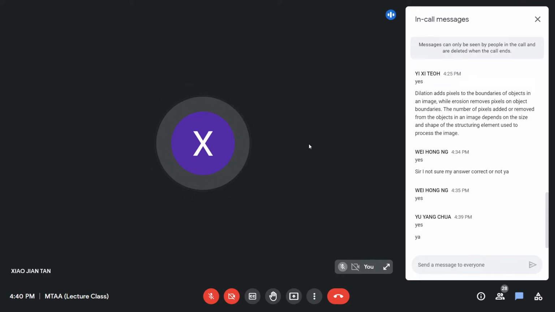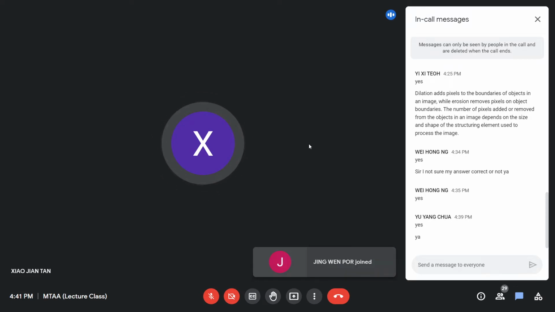Can I ask someone to voice out? Do you think the assignment is really difficult? For the assignment, you have two questions, question one and question two. Question one is about image enhancement, salt and pepper noise, and also Gaussian noise. Question two is more about getting the intended answer. I think most of you can do quite well.